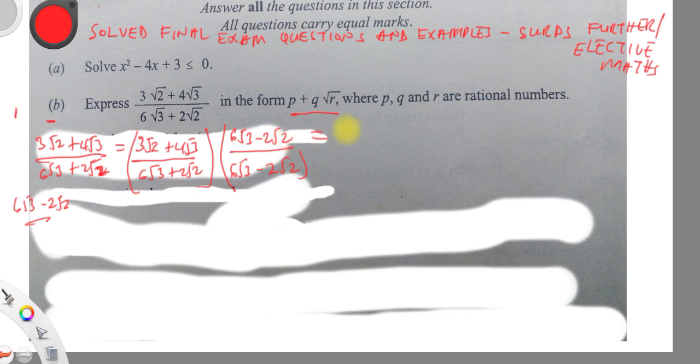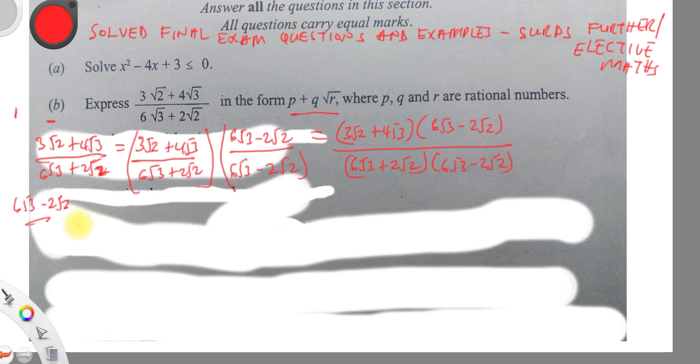So you have 3 root 2 plus 4 root 3, then the bracket 6 root 3 minus 2 root 2, all over 6 root 3 plus 2 root 2 times 6 root 3 minus 2 root 2. So mind you, this product is a difference of two squares. Why? Because they are conjugates.